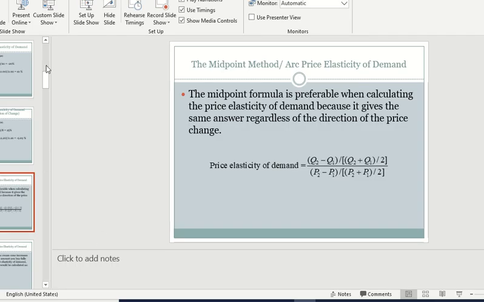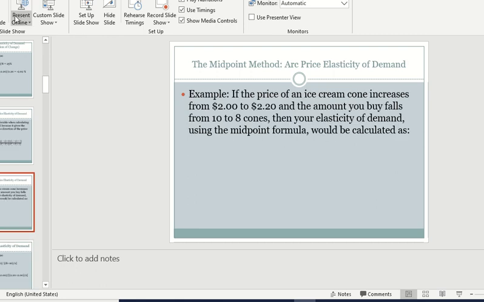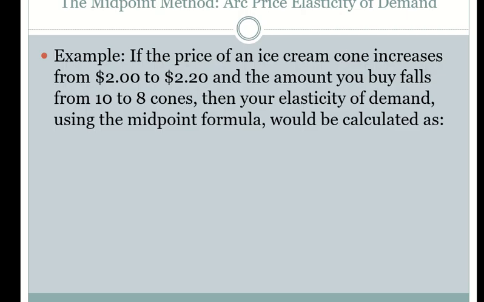So let's come back to the same question as before. If the price of an ice cream cone increases from $2 to $2.20 and the amount you buy falls from 10 to 8 cones, now let's find the elasticity of demand using the midpoint formula. Let's pause so that you can spend a few minutes working on this exercise, and then we'll come back.